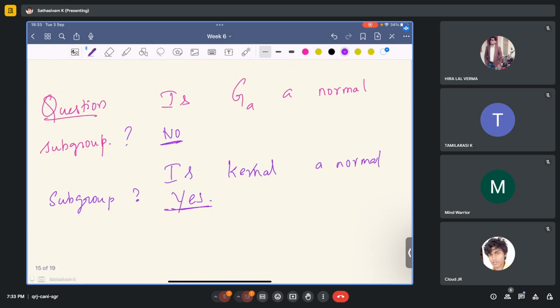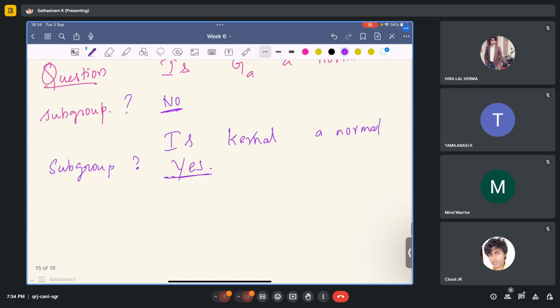But I'm not sure if I want to say all these things. This is the first course, but there is a relation. If you want, I'll just write it down. So the kernel here, let me call the kernel as K. This is nothing but the intersection over a in A of G_a.